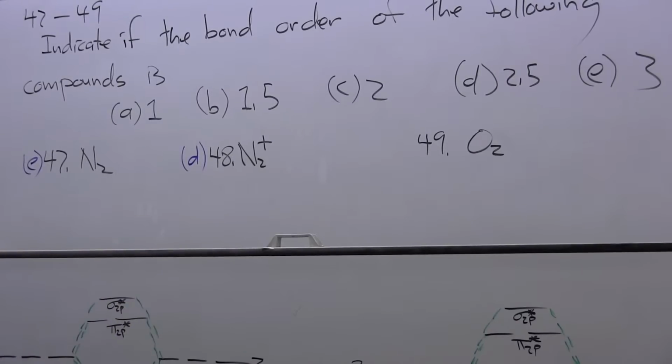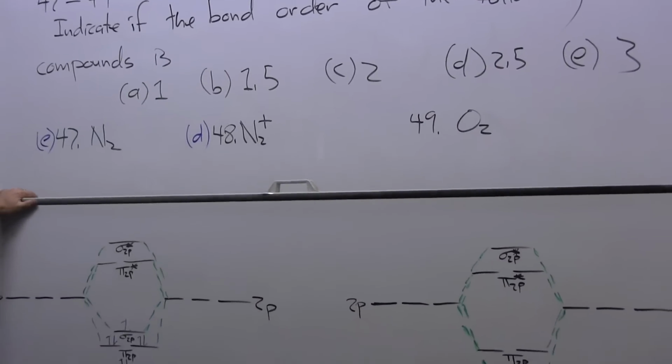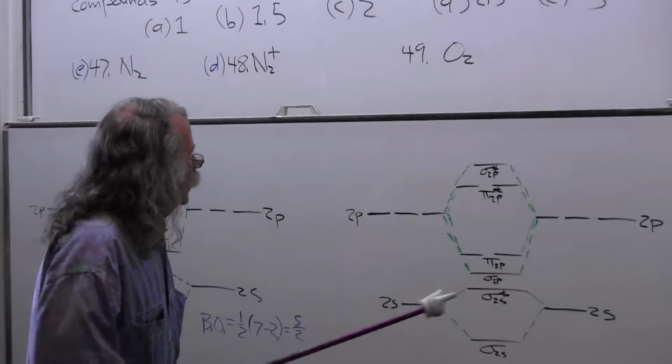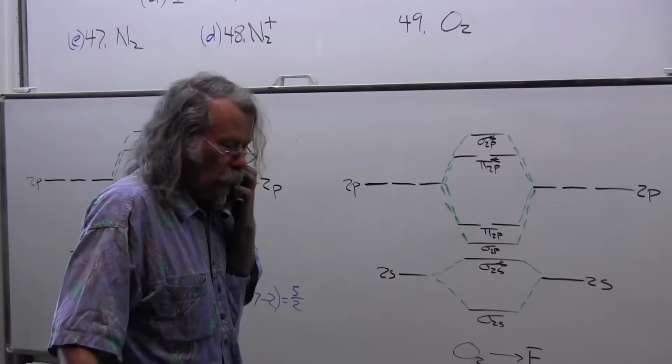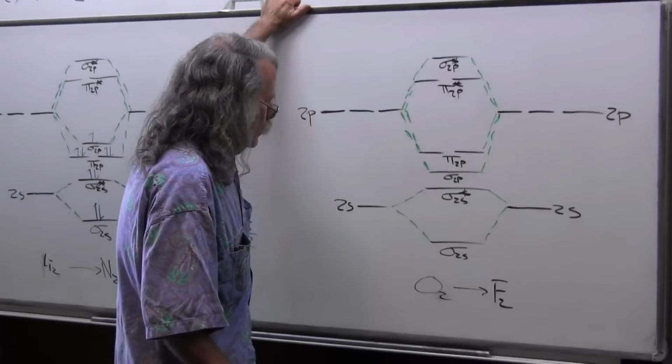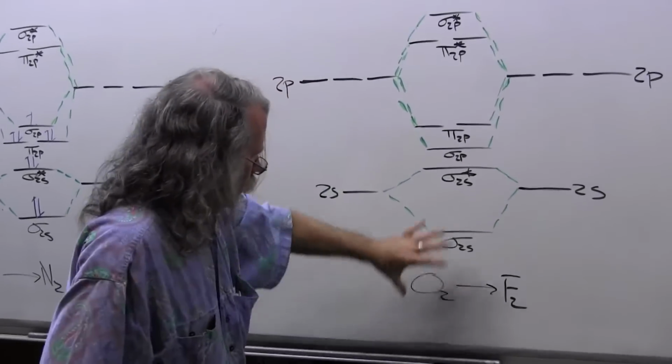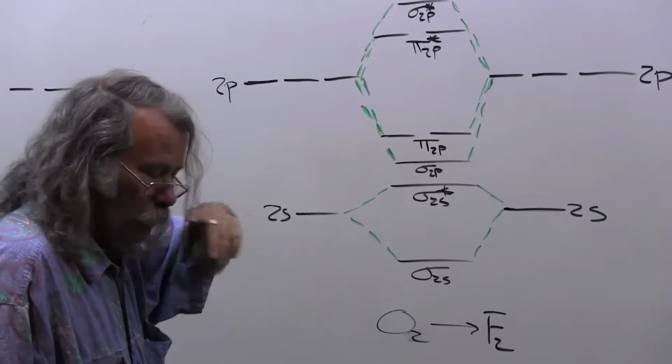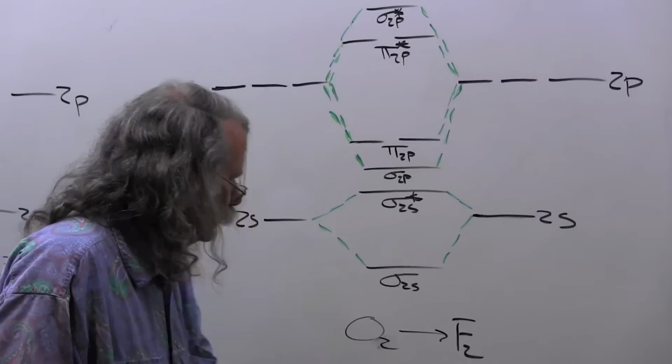That would be 2.5. Now with 49, I have oxygen, O2. Well, this is the order of the molecular orbitals for oxygen through fluorine.